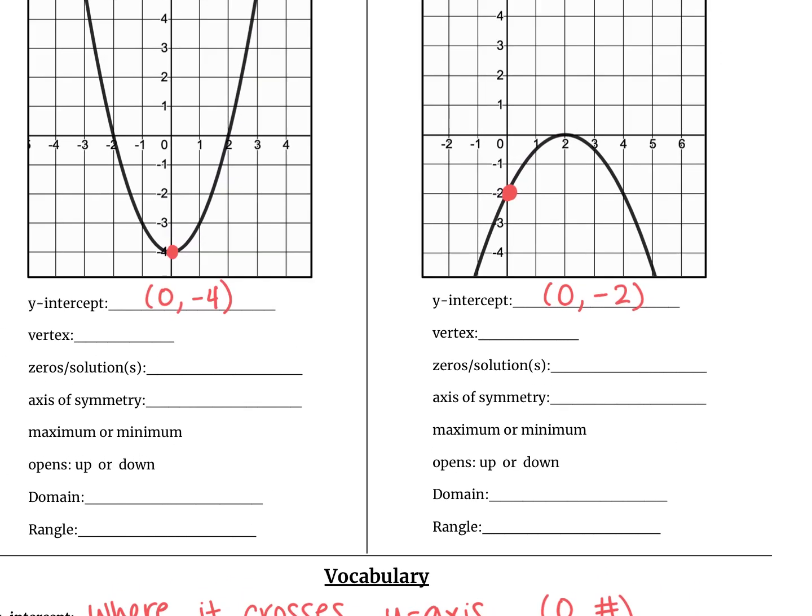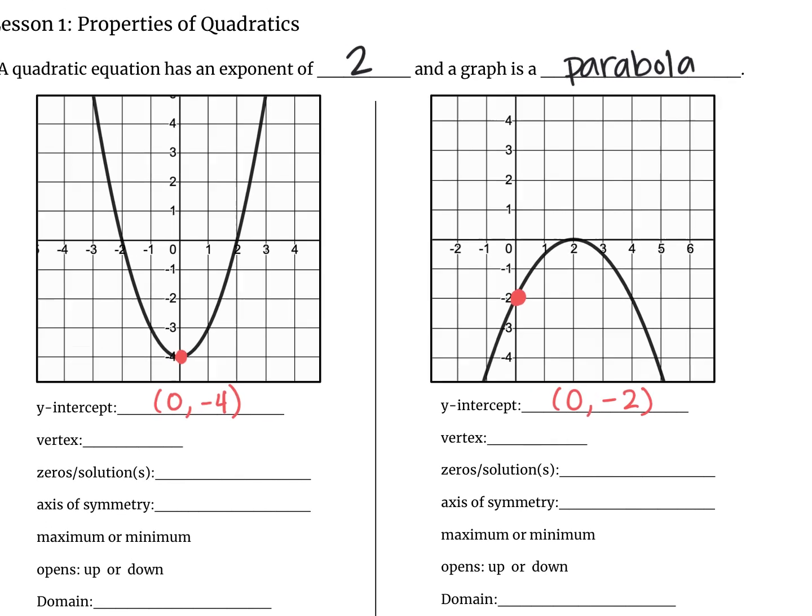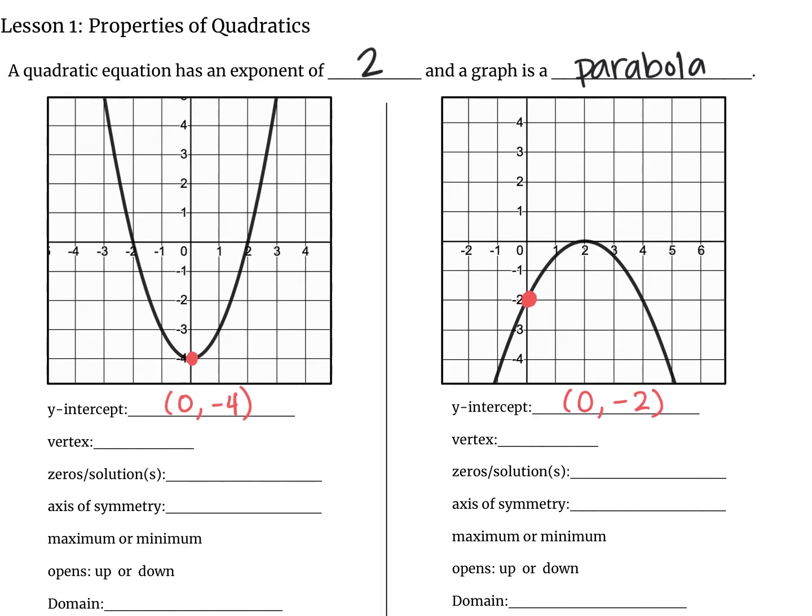So if we look at this first graph, notice that I can't say there is a highest point because technically these two lines are going to keep on increasing, going up on the y-axis forever and ever and ever. So that means there is a lowest point. And when I say it's the turning point, notice that we are decreasing and then it turns back to increasing.